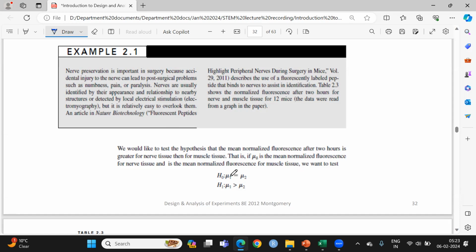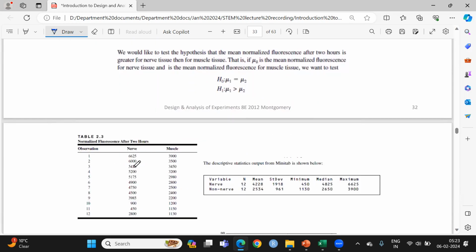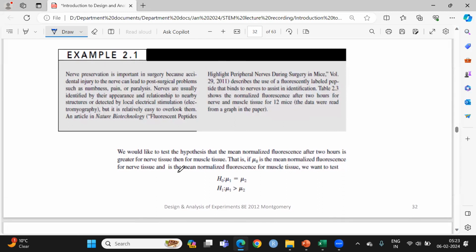That means we consider that there are a few patients who are observing such problems, and after surgery, the normalized fluorescence after 2 hours, what impact that has on the muscles. We want to see whether there is any significant difference between these two categories, nerves and muscles.